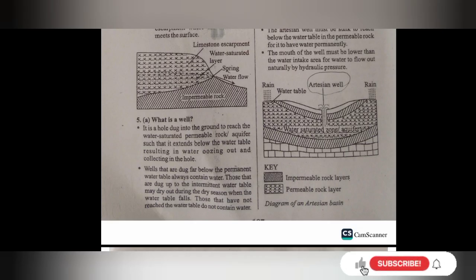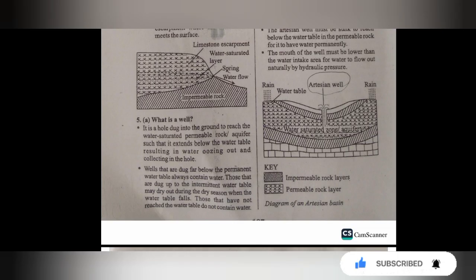So just to take that again, an artesian basin is a saucer-shaped depression consisting of a layer of permeable rock that is sandwiched between two layers of impermeable rock, and the whole system of the rocks around the basin is normally a syncline, exposed on one or both ends to the surface of the earth.